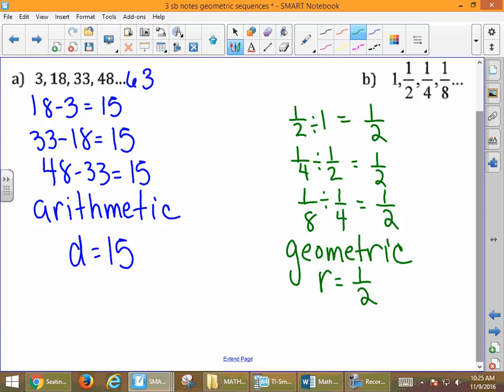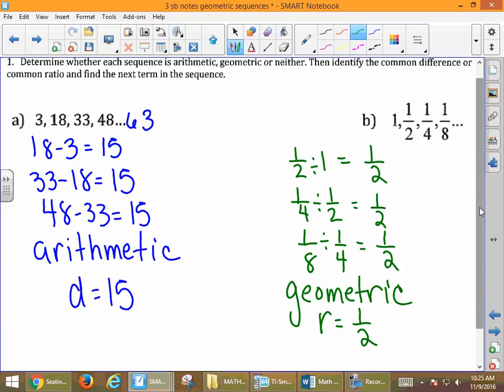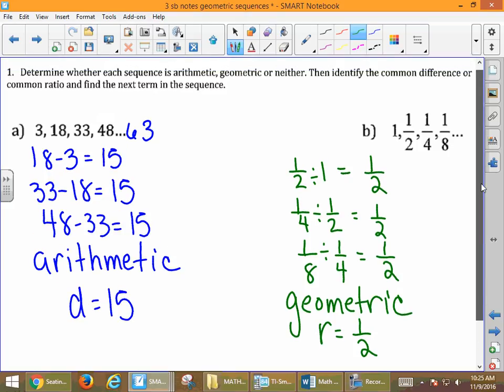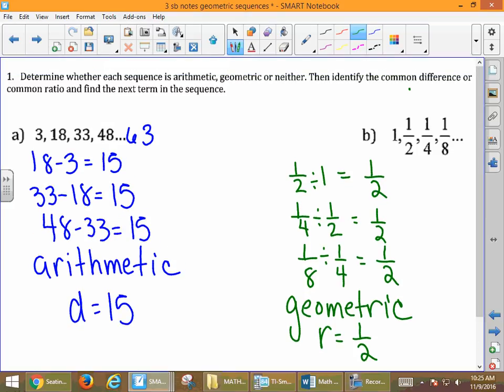And what we want to do is figure out, well, what's the next term? Well, we did 1 times 1/2 to get 1/2. 1/2 times 1/2 to get 1/4. 1/4 times 1/2 to get 1/8. To get our next value here, we would take 1/8 and multiply it by our common ratio of 1/2.